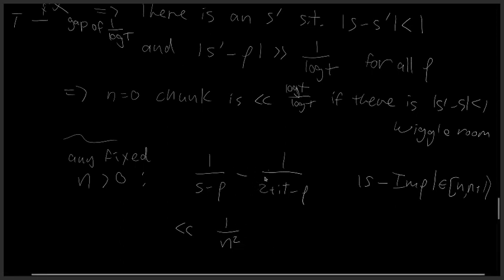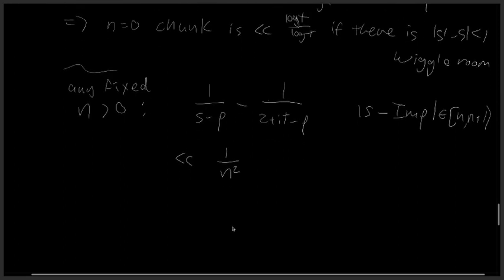And here's where taking the difference between the value of the Riemann zeta function at sigma plus it and the value at 2 plus it comes in really handy, because the difference between these two things is 1 over n squared. But if we hadn't taken that difference and had only gotten a 1 over s minus rho, then we would have had a 1 over n here, and that would not give the desired behavior.